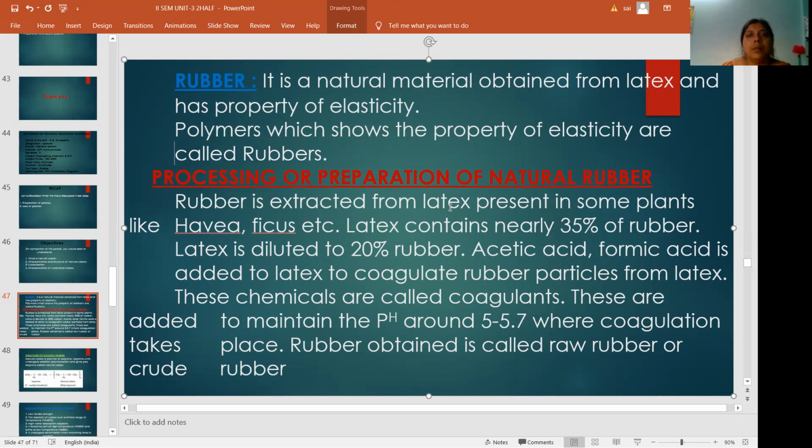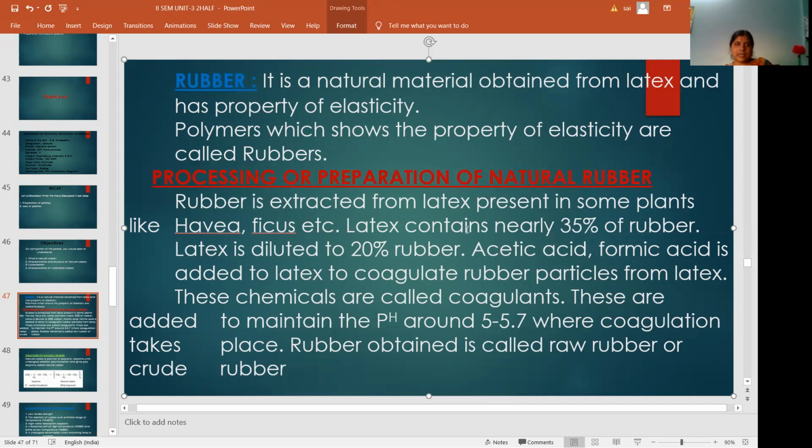Then processing or preparation of natural rubber. That means how you extract. Processing is extraction, and how you are getting natural rubber. Rubber is extracted from latex present in some plants like Hevea, ficus, etc. These are some of the rubber plants. So how do you extract from latex? This latex is present in these plants.